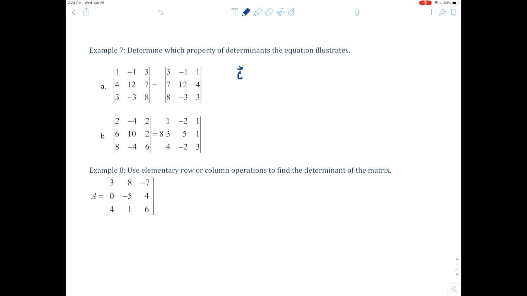So column 1 and column 3 were swapped. And so this was property 1 applied.